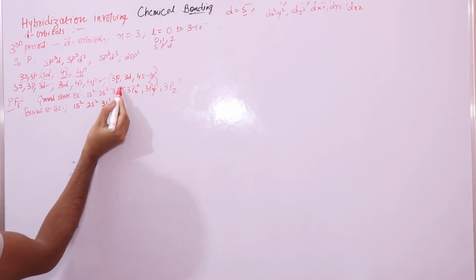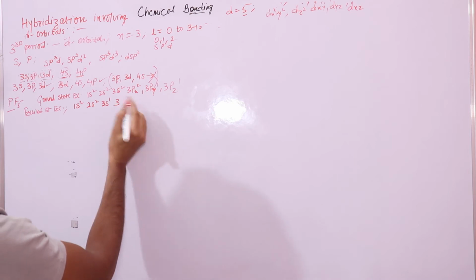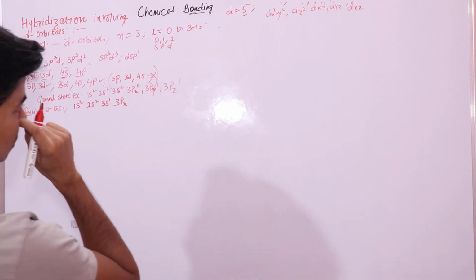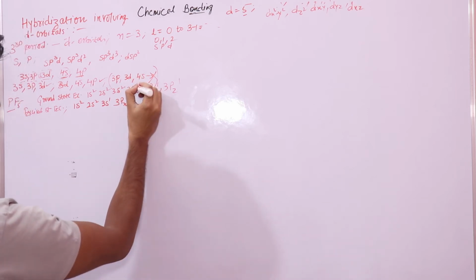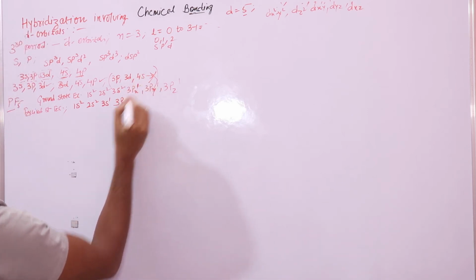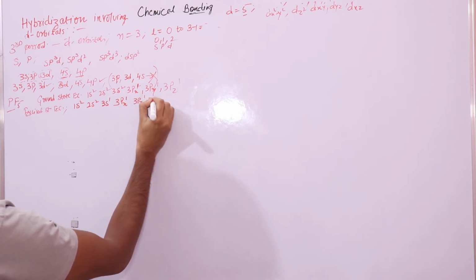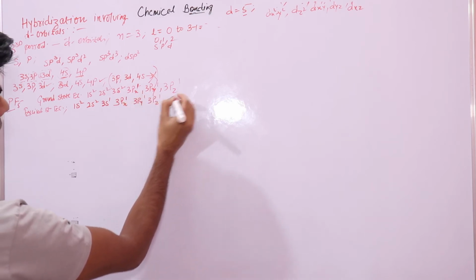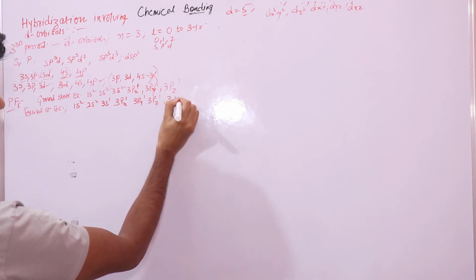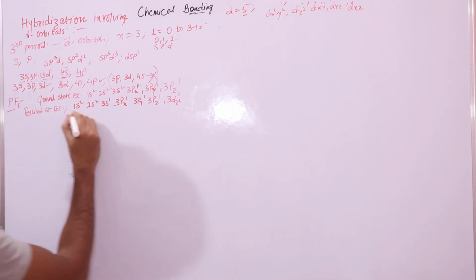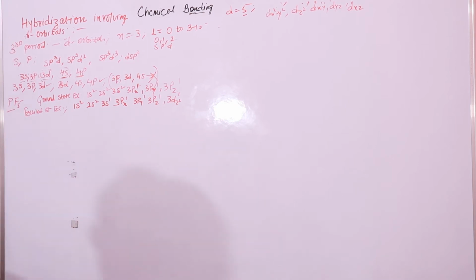One electron is promoted to the dz square orbital, so it's 3px1, 3py1, 3pz1, right? Then you have 3dz square 1. The dz square orbital is involved in sp3d hybridization. So this is your excited state electronic configuration.